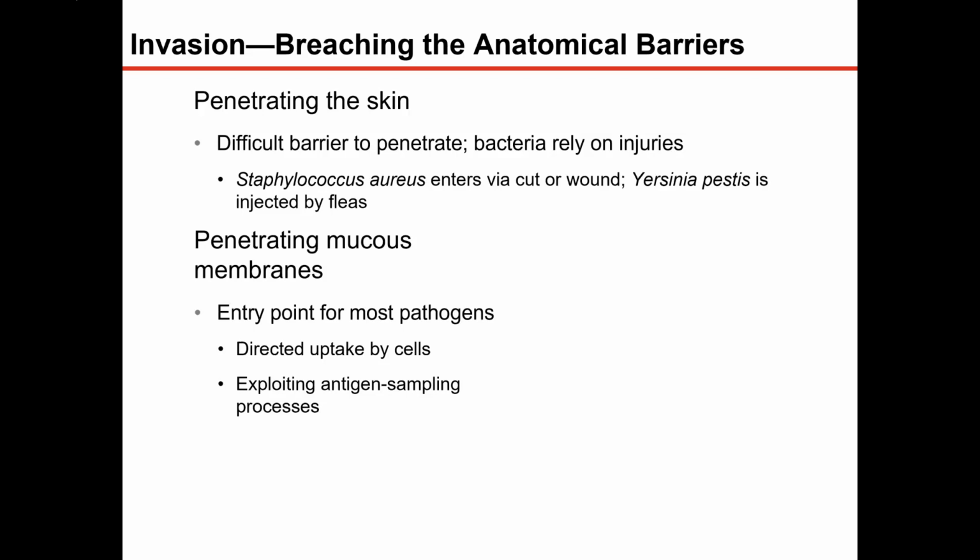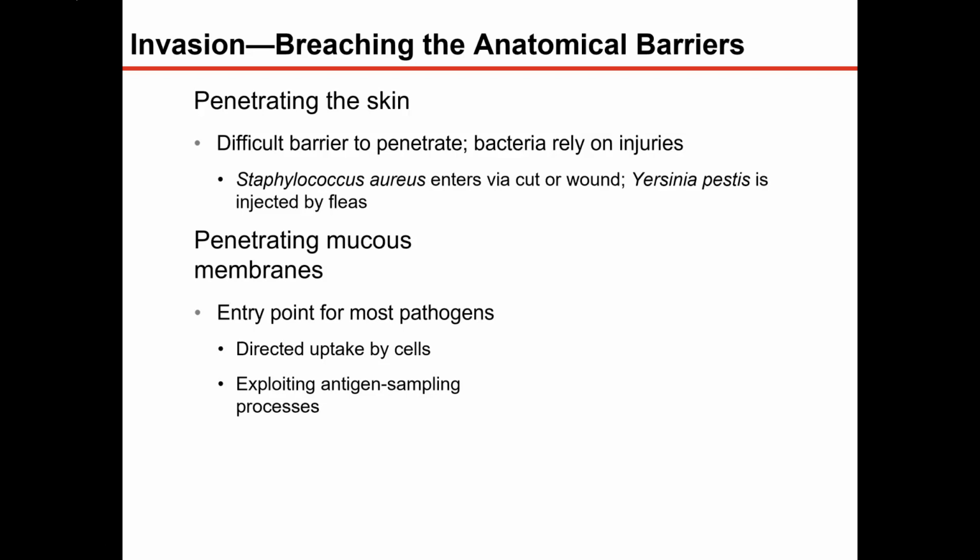Other microbes are going to go in through mucous membranes. Mucous membranes line all the regions of the body that are exposed to the outside. So your mouth, your nasal cavity, your anal cavity, your urethra, your vaginal canal. Those are all openings that have a mucous membrane that surrounds them.